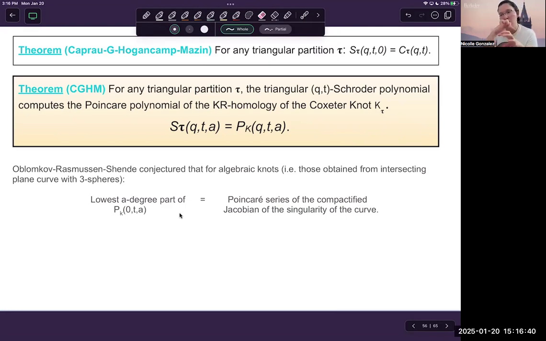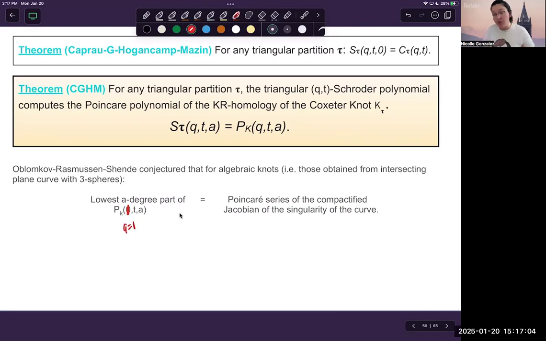So you intersect these two, you end up with some intersection on the three-sphere, and that intersection is a knot. And if you can get a knot in this fashion, it's called algebraic. So their conjecture tells us that when you look at the lowest A degree part, this is a mistake, this should be 1 here. This is Q equals 1, not Q equals 0.